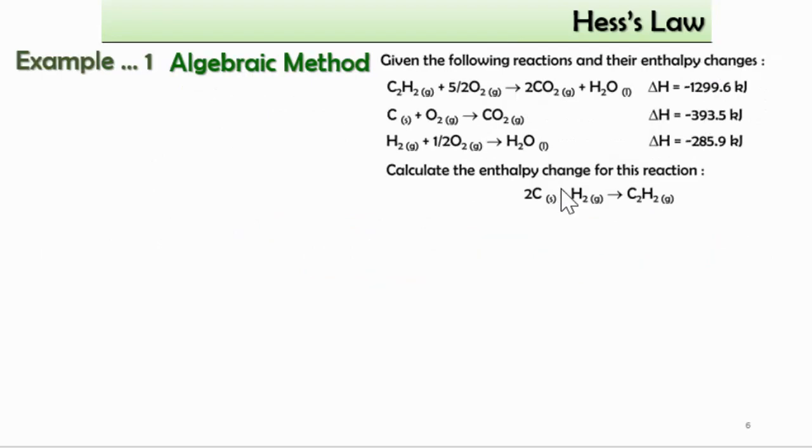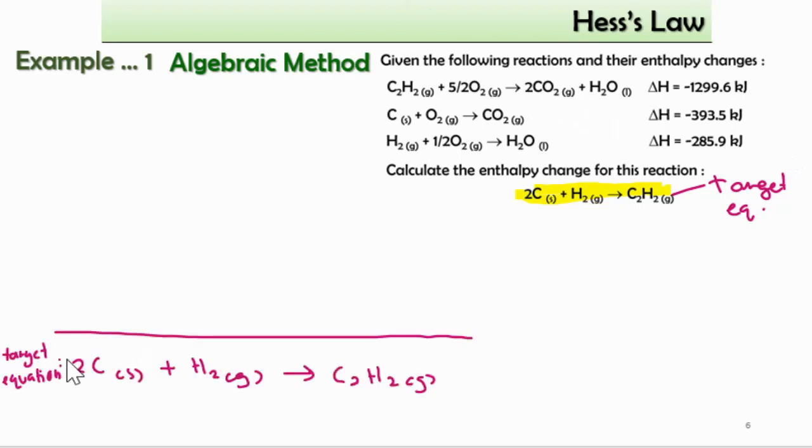Since you want to calculate the enthalpy change for this reaction, which you have been given, this is your target equation. So label it here, target equation. For the algebraic method, write your target equation at the bottom. Up here we will later write all these equations after they have been modified accordingly. Remember, write your target, draw a line, and then write your target equation below.